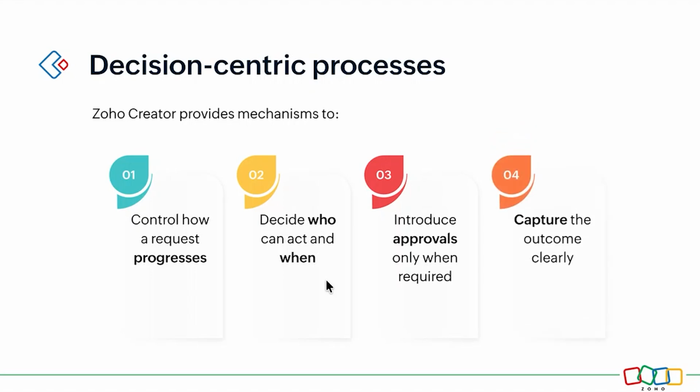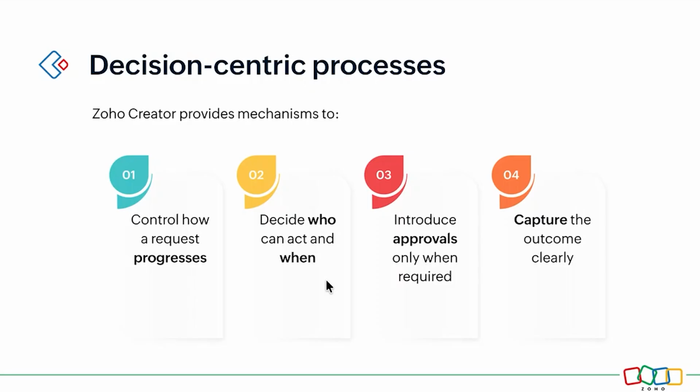Finally, we capture the outcome clearly and process it further accordingly. So Zoho Creator provides a mechanism to control the progress of your decision request. It helps us decide who can act and when, it can introduce approvals when required, and we can capture the outcome and take the necessary action.